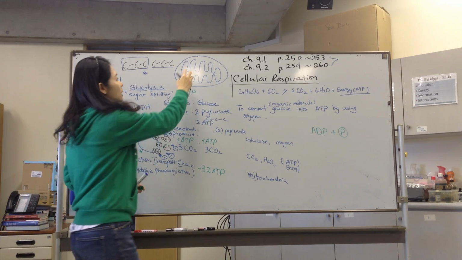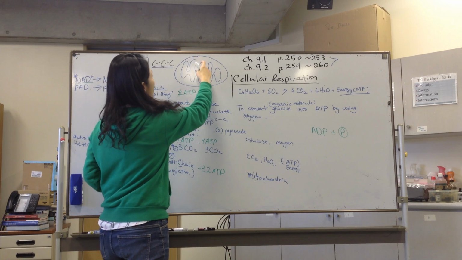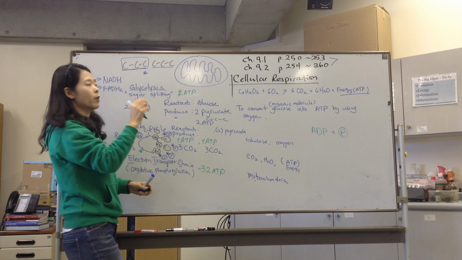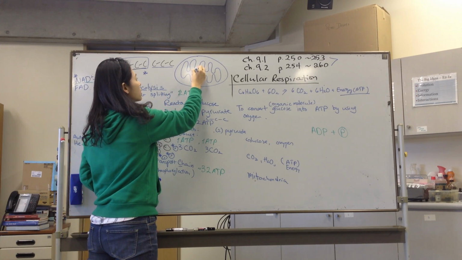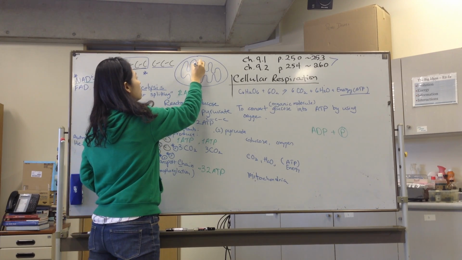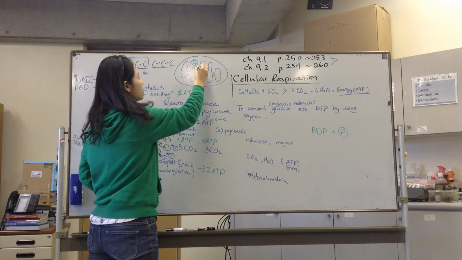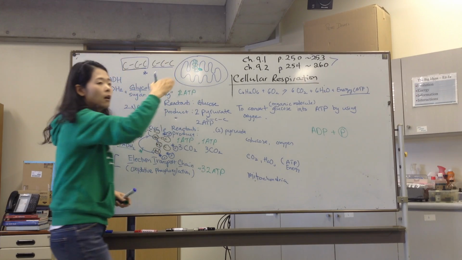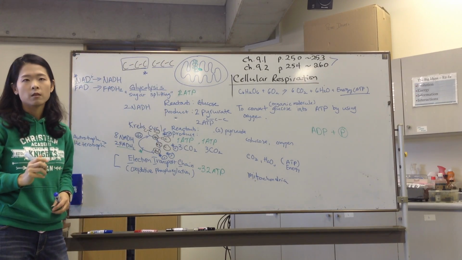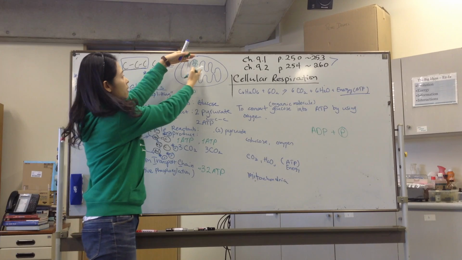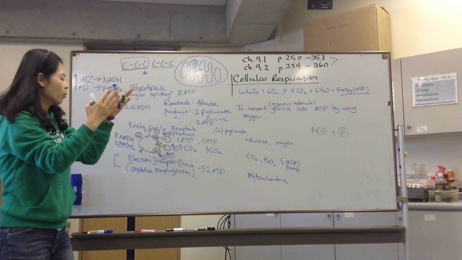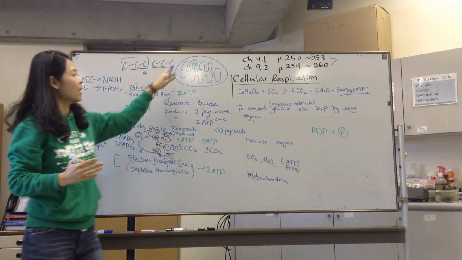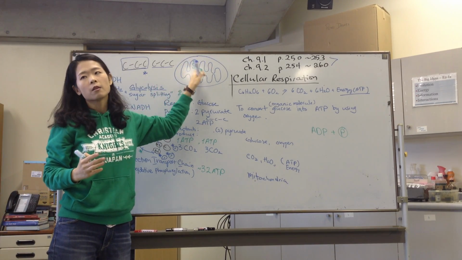So on the inner membrane, there is a set of proteins that are embedded all along the inner membrane. This makes one system of electron transport chain. There are lots of these systems in the inner membrane.